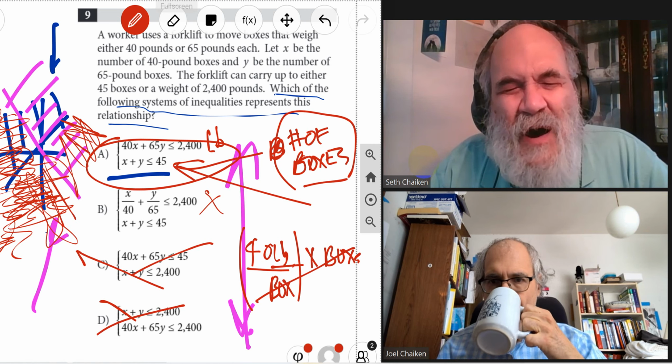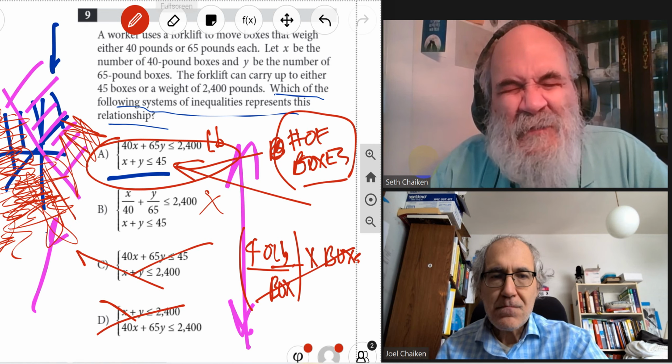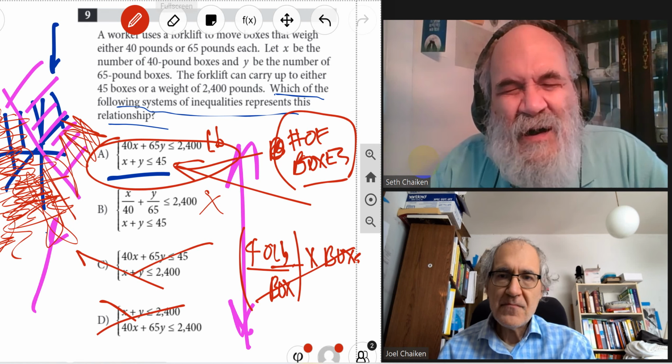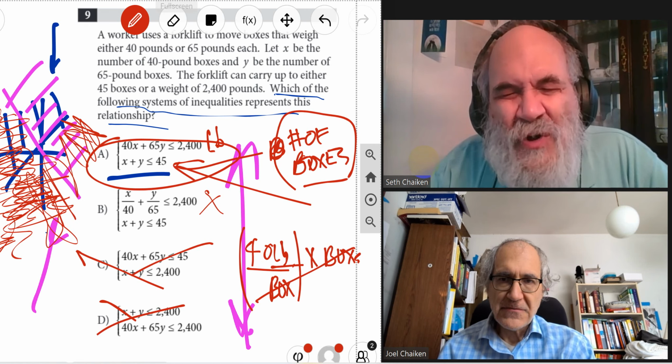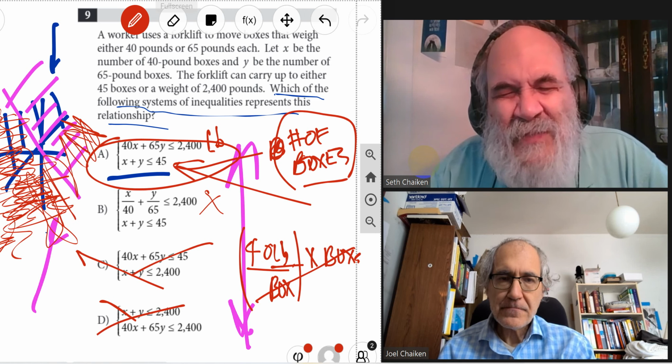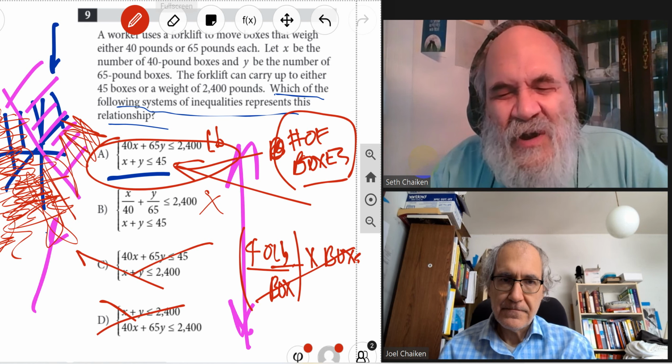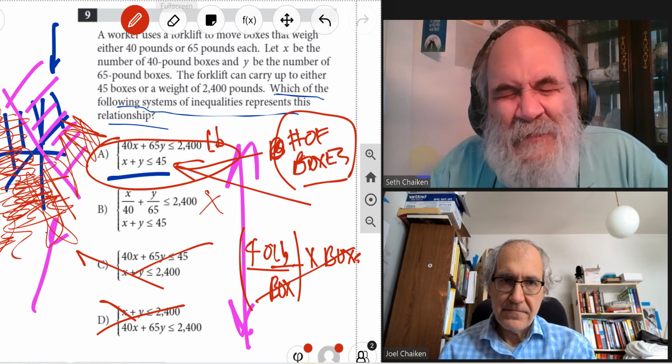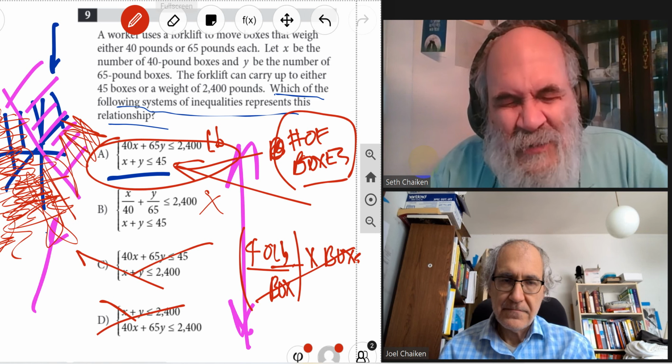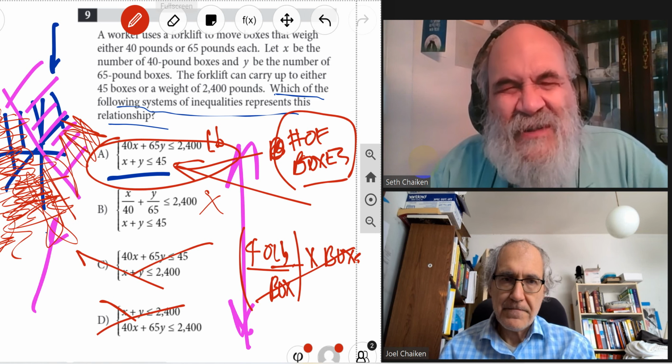Up to means that they could be equal, that is, less than or equal, and less than means strictly less than.